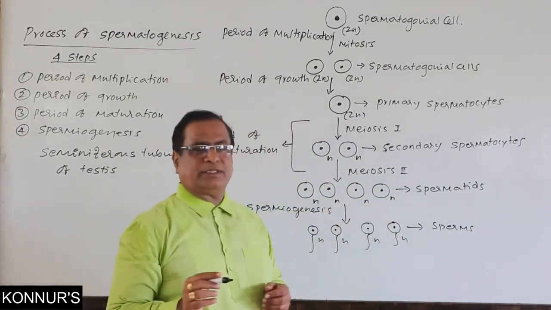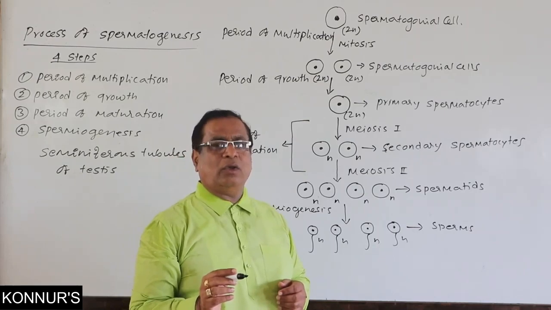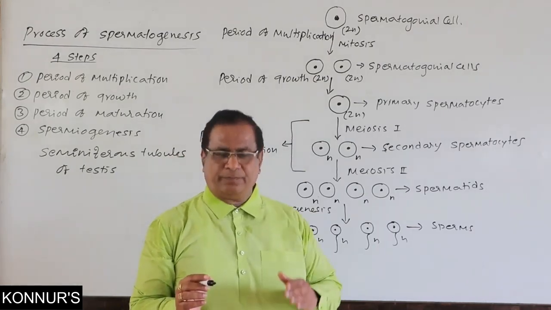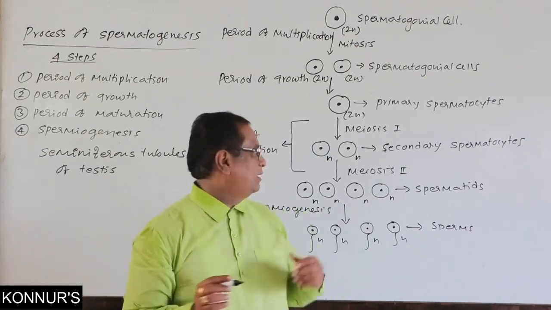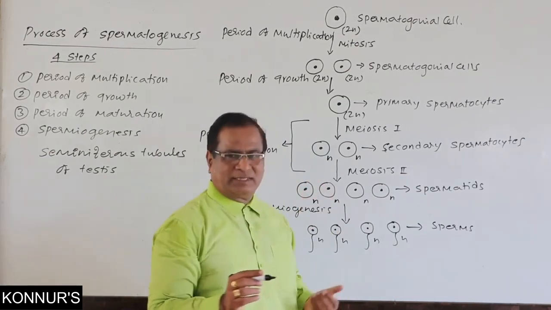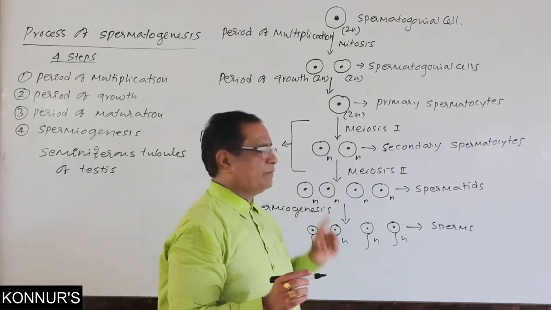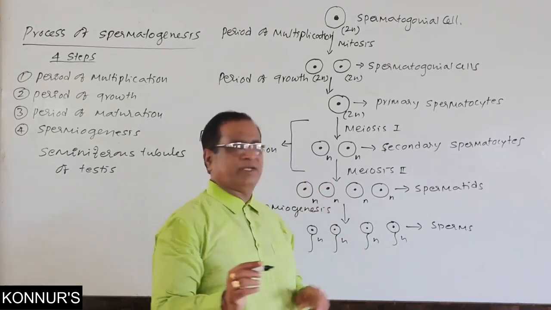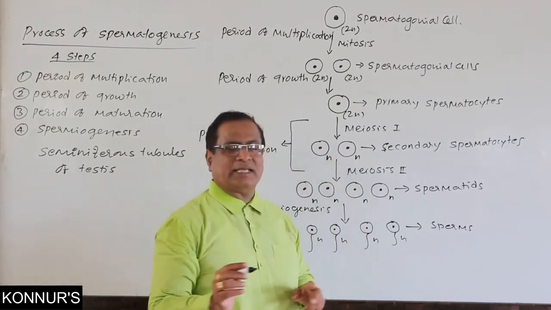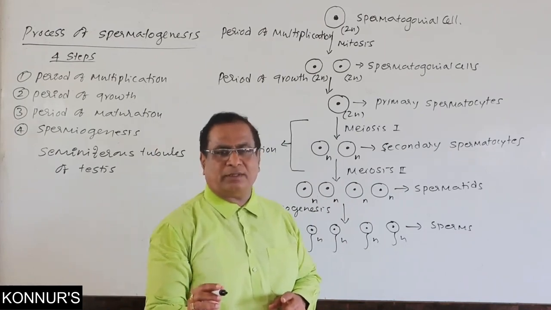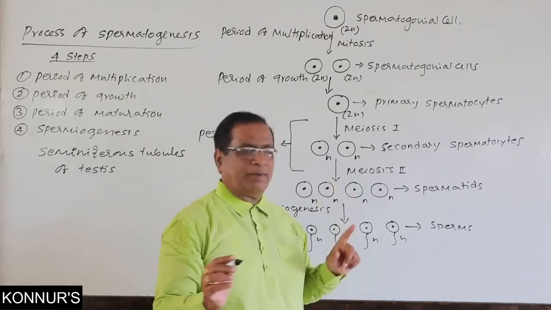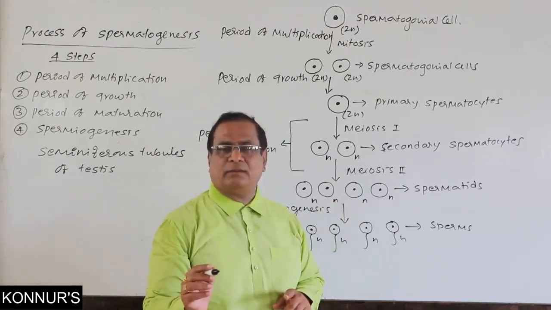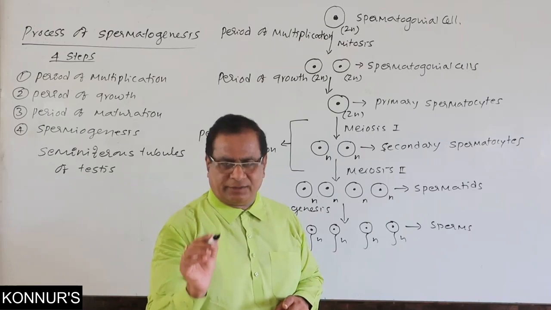Now these primary spermatocytes undergo period of maturation that takes place in 2 steps. Those 2 steps are meiosis first and meiosis second. When primary spermatocytes undergo meiosis first, 2 equal sized cells are formed, but they are haploid because meiosis first is a reductional division.